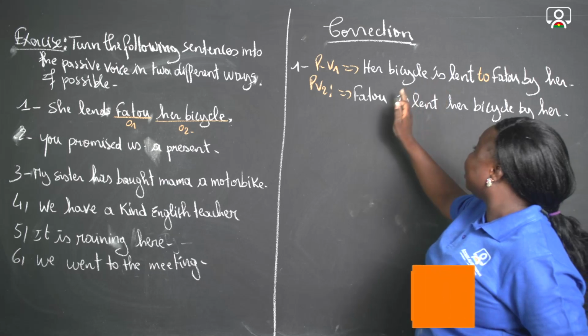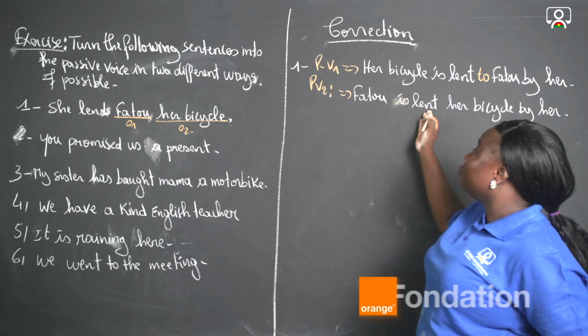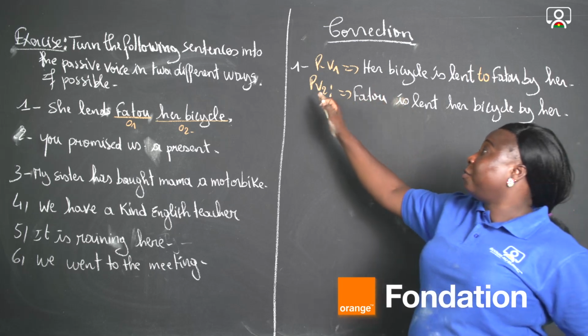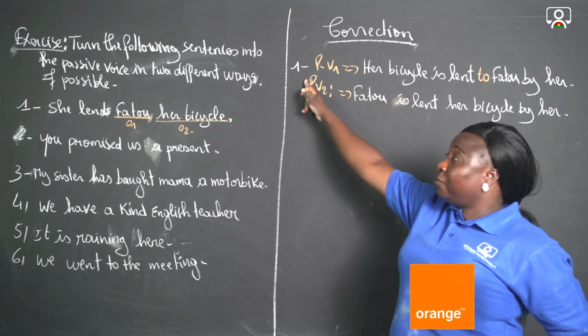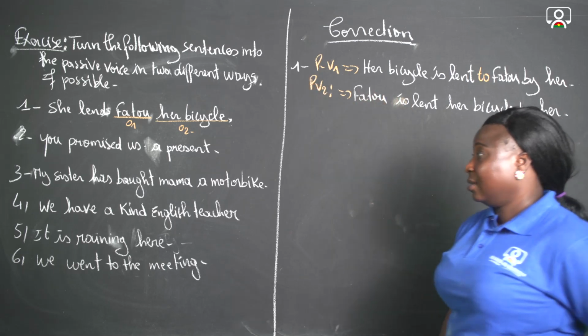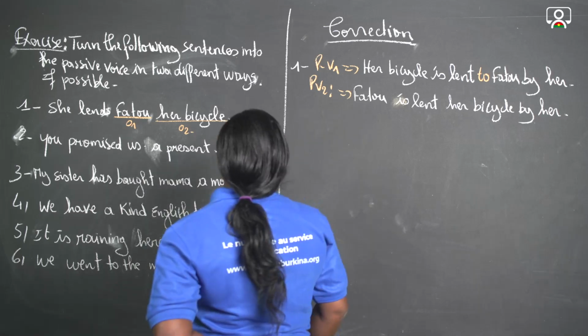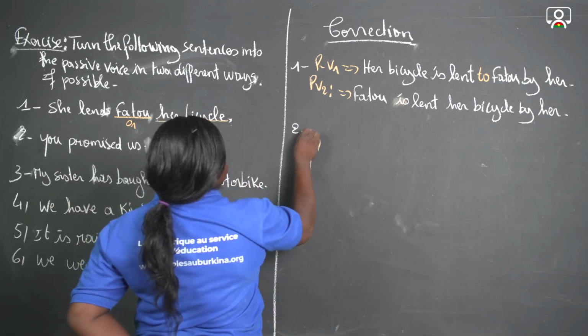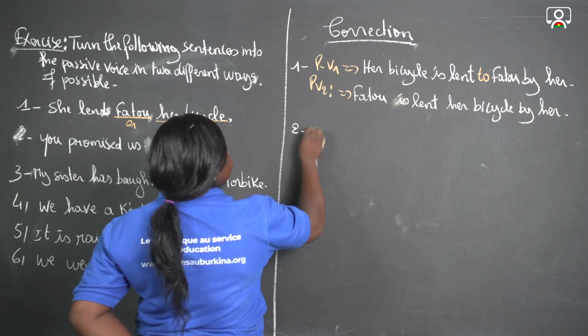So here are the two ways to form the passive in the first sentence. Now, let's move to sentence number 2.